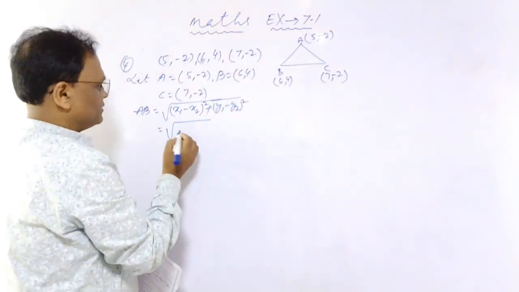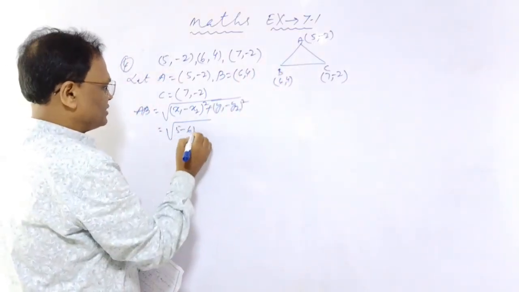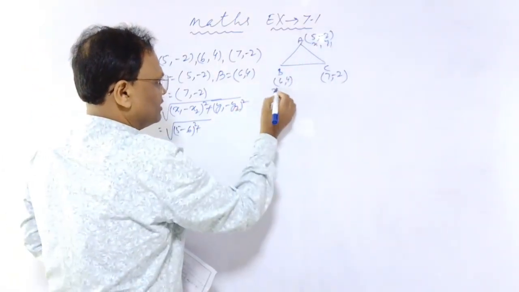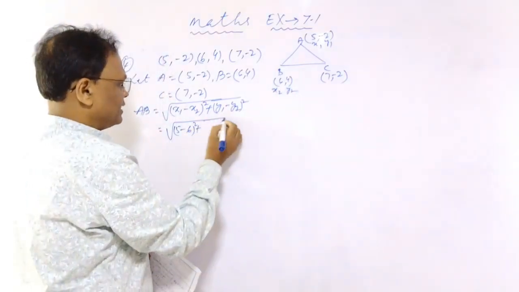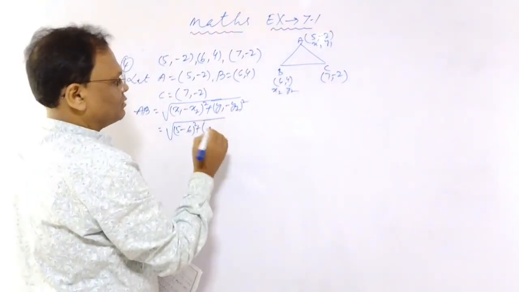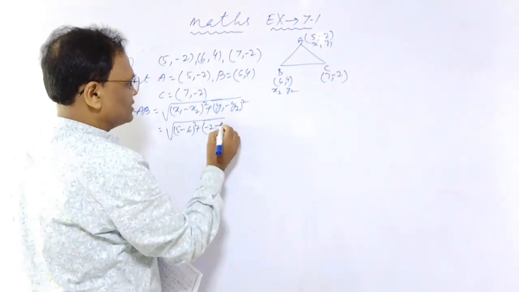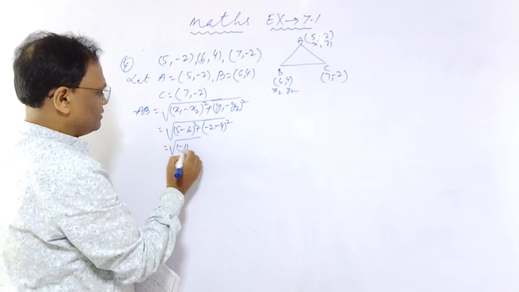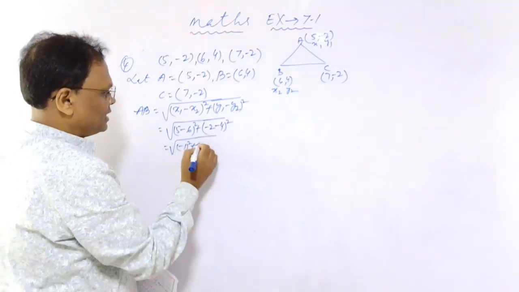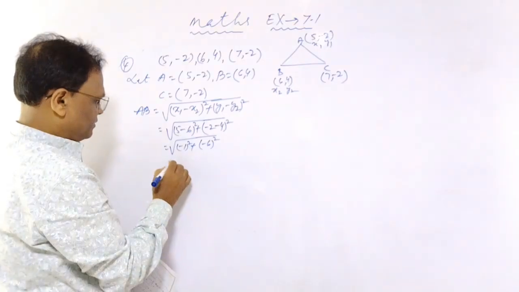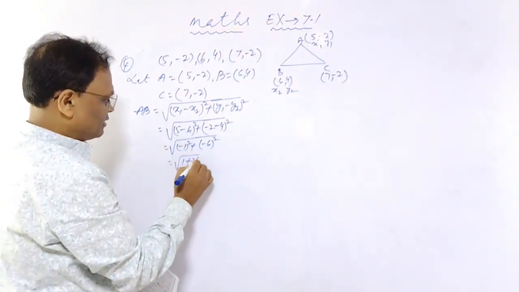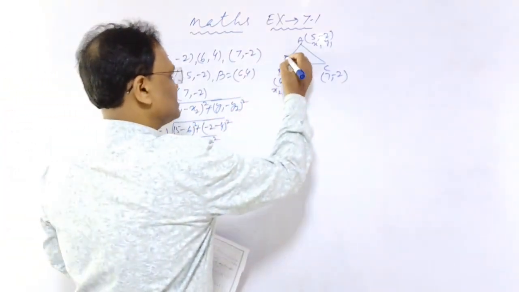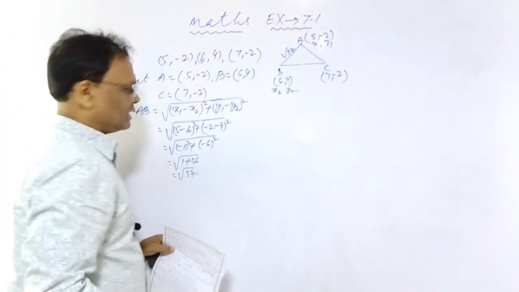So x1 is 5 minus x2 is 6, whole square, plus y1 minus y2, minus 2 minus 4, whole square. 5 minus 6 is minus 1, minus 2 minus 4 is minus 6. This is 1 plus 36, which is 37. So AB is root 37 units.